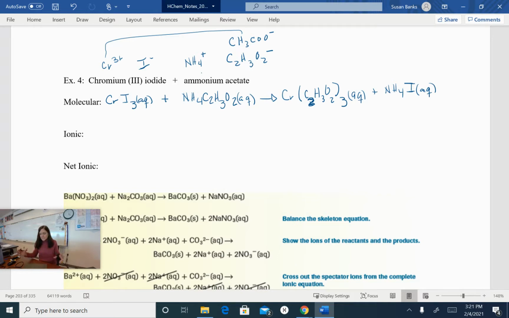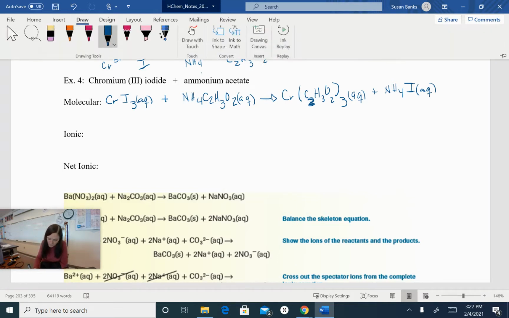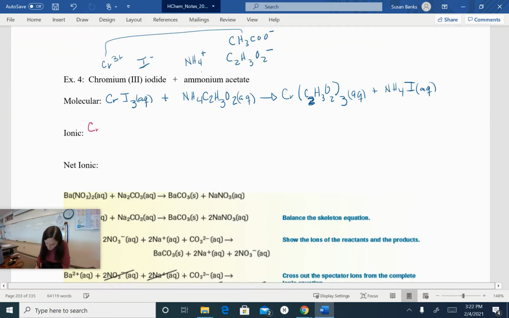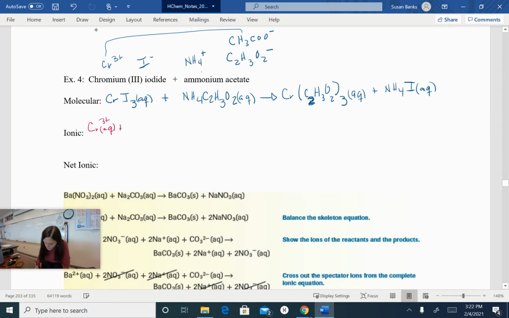So let's break down everything that's aqueous into its ions. So if I do that, I'm going to have my chromium plus 3 aqueous, plus 3 iodides, negative 1 aqueous, plus, we've got to balance this. Let's see. I'm going to need to triple this, and I'm going to need to triple this. Do you guys agree with that?